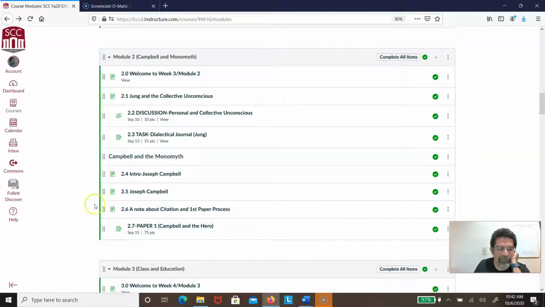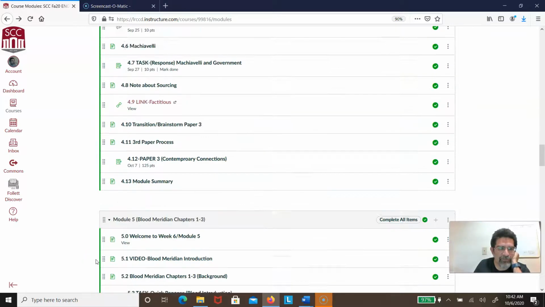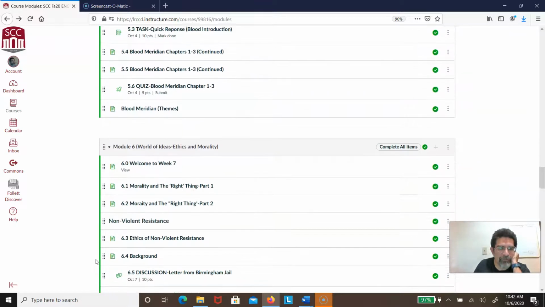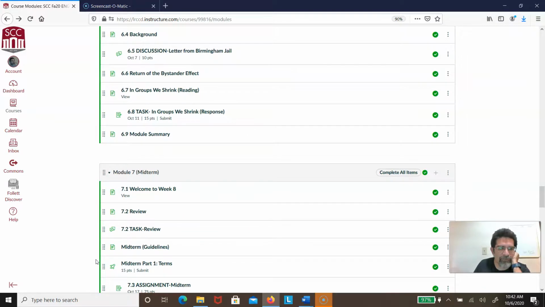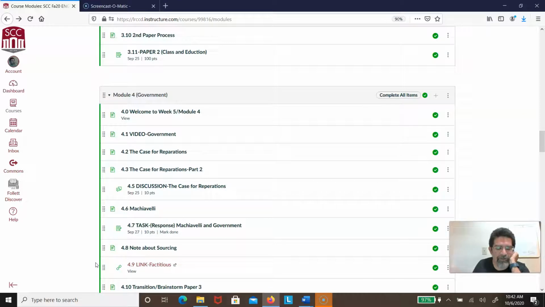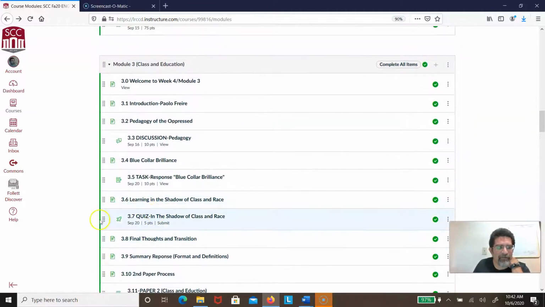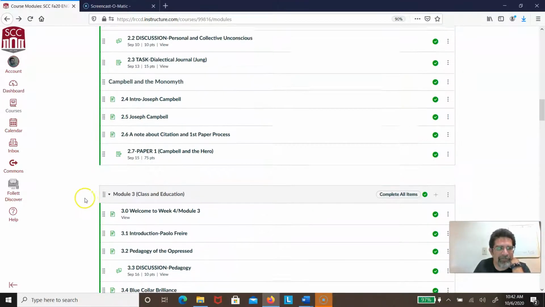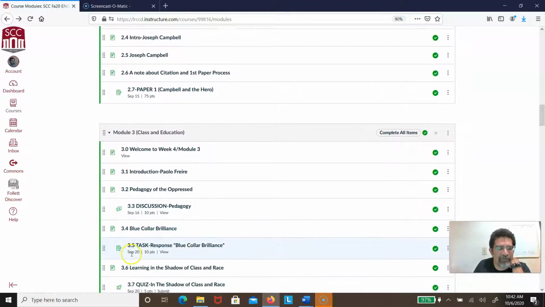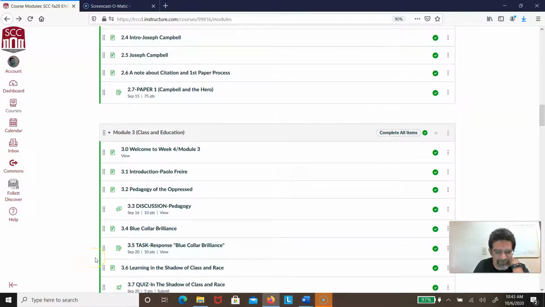Likewise, now that it's on the brain, even though it's a little bit later, as we get into, let me skip to, no, okay. I don't know where Blue Collar Brilliance is, but it was also one that was pretty directly responded to. There it is, in 2-3. I should have just kept going. So Campbell and Blue Collar Brilliance are useful in that I can assume that most people have read them, because I know for a fact that everybody's turned in something on it.